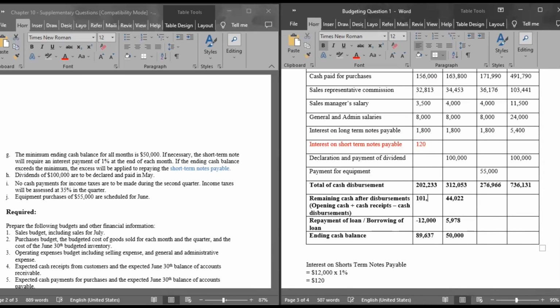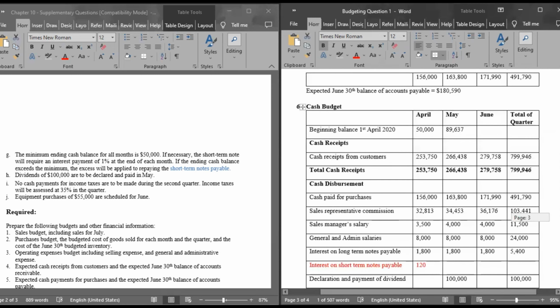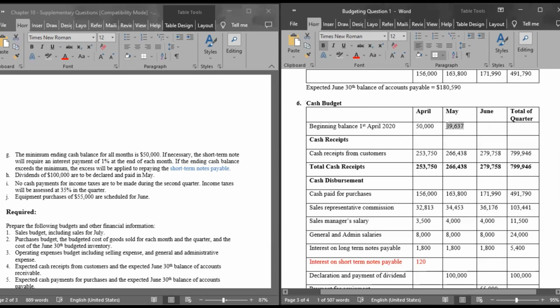That gives 101,517. Subtract 12,000 from it, and we get 89,517. So this will be the opening balance. We will take this balance to the month of May.